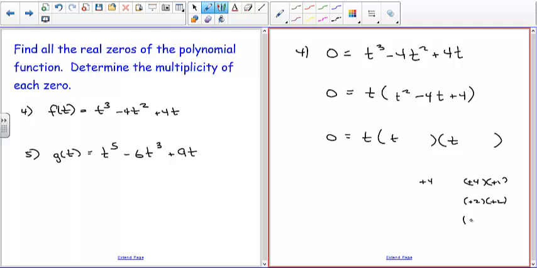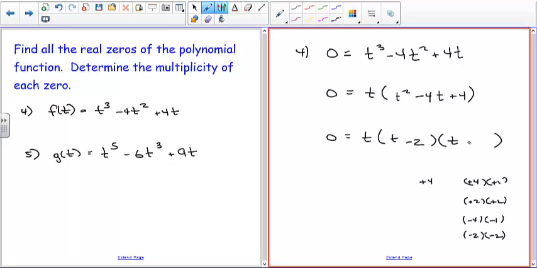Or you can have both negatives. So I could have negative 4 times negative 1, or negative 2 times negative 2. And the sum of those two numbers has to add up to negative 4. Well, you can see the only one that works is this last one. So I put negative 2 in both places.